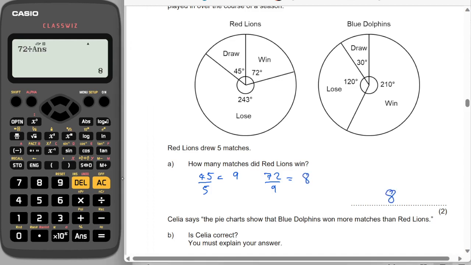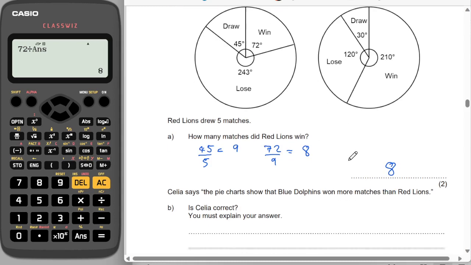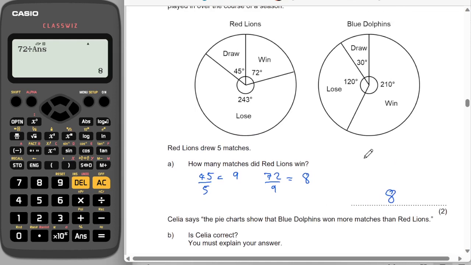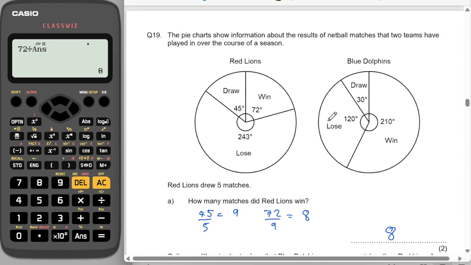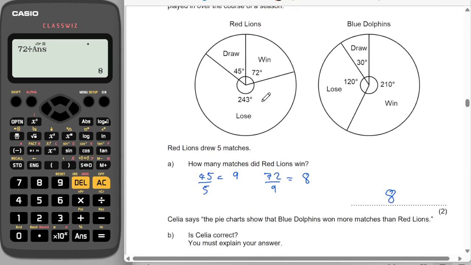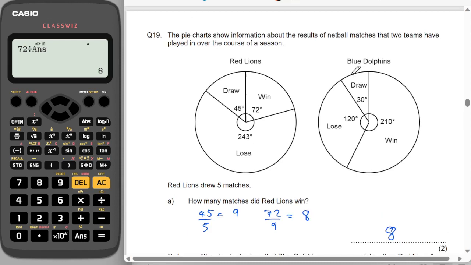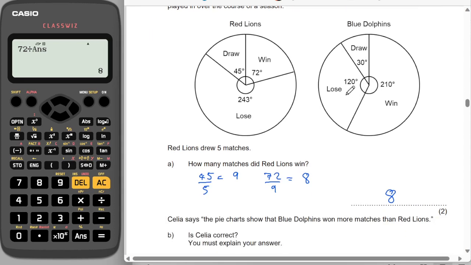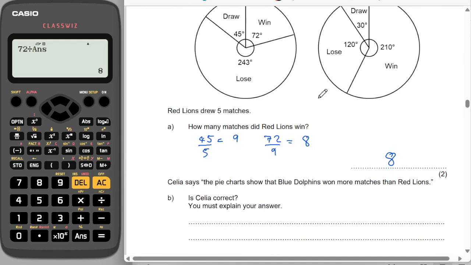Okay, Celia says the pie chart shows that the Blue Dolphins won more matches than the Red Lions. Is Celia correct? You must explain your answer. So this is quite a typical pie chart question. We're not given any numbers, so we don't know how many matches these represent. So, for example, this could represent one win. So is Celia correct?